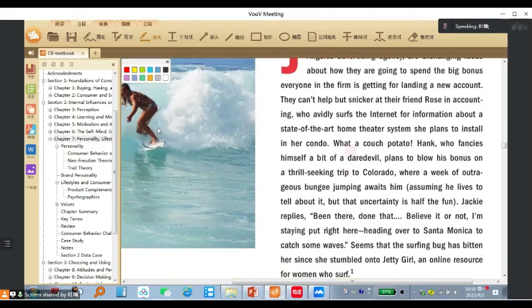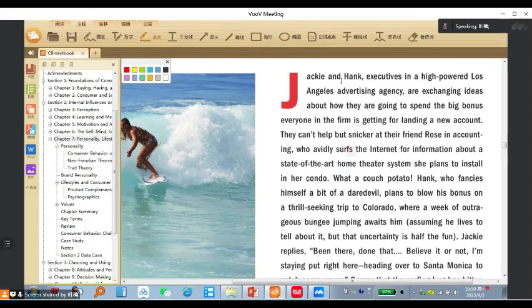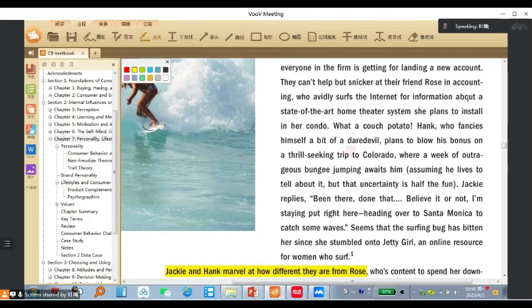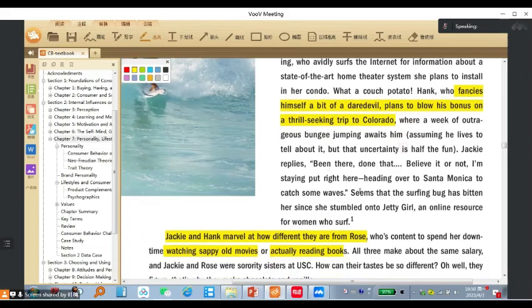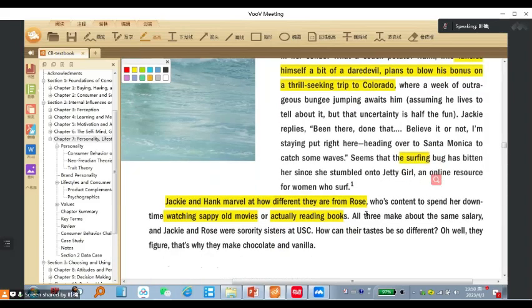While the two guys, one of whom fancies himself a bit of a daredevil, plans to blow his bonus on a thrill-seeking trip to Colorado, and surfing, with an online resource for women who surf.